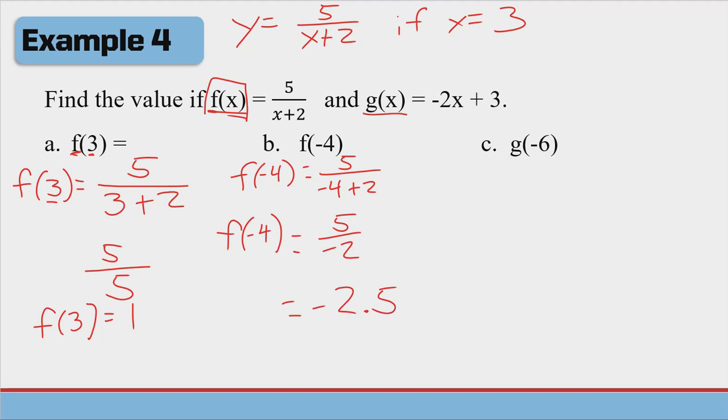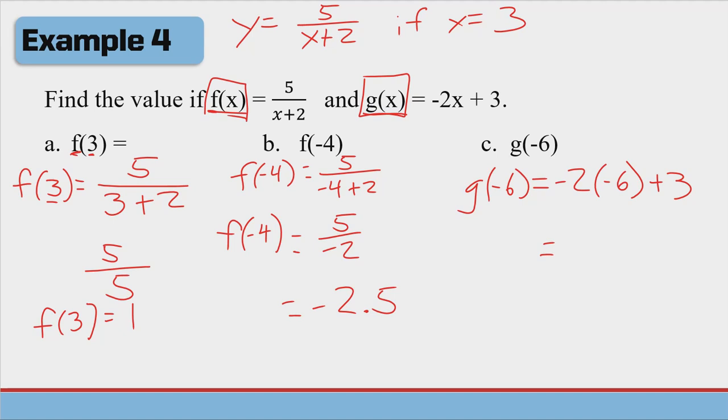And then in example C, g of -6 is what we are asked to find. So we are now going to swap over to this function here, right? g of -6 is equal to -2 times -6 plus 3. Okay, I like to put parentheses when I substitute, and it is multiplication, so I can pay attention to the signs.